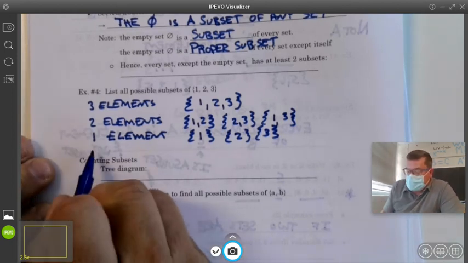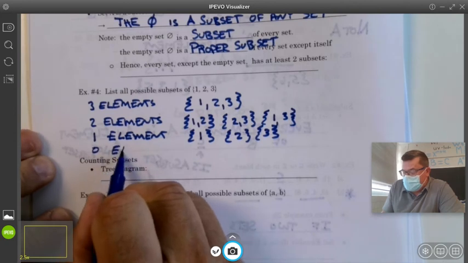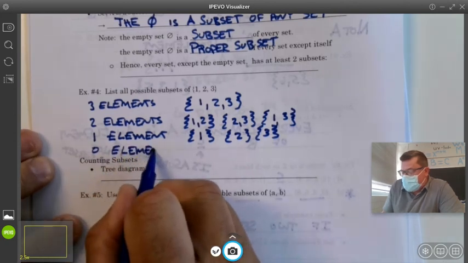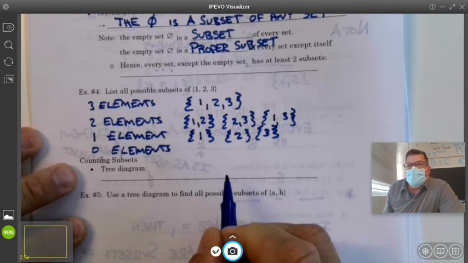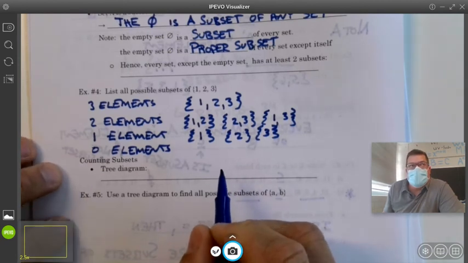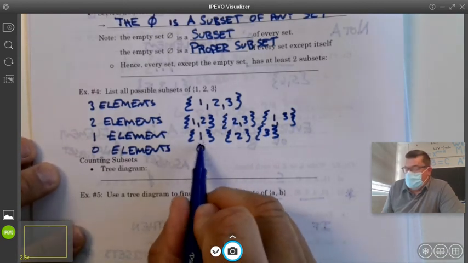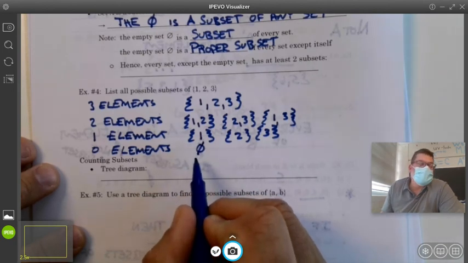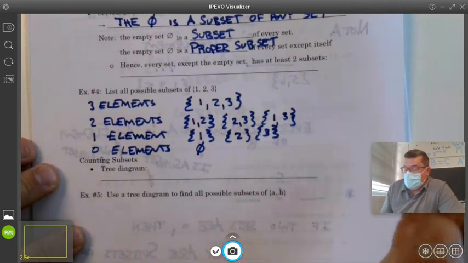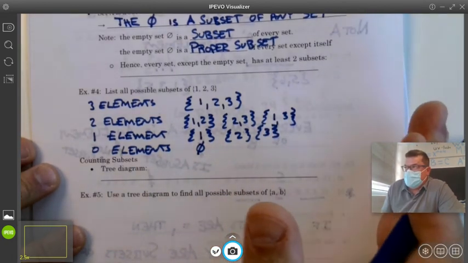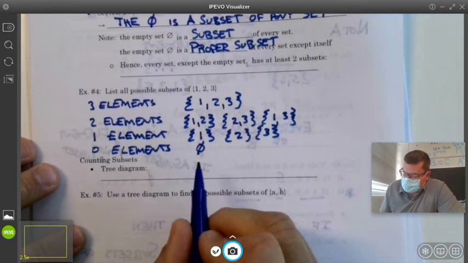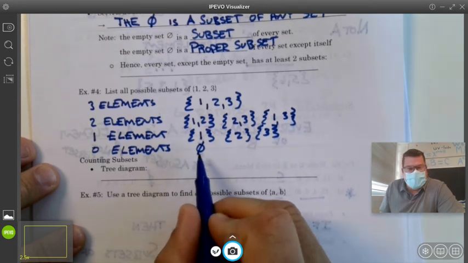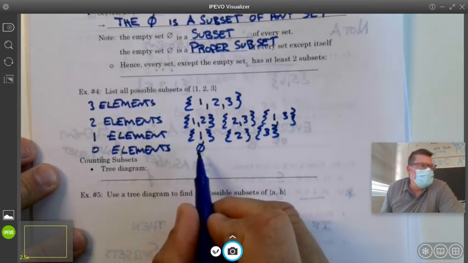How about the subset with 0 elements? And what would that subset be? The empty set. It's the easiest one for us to remember, but every set has a subset that is empty. Okay? Is that okay?